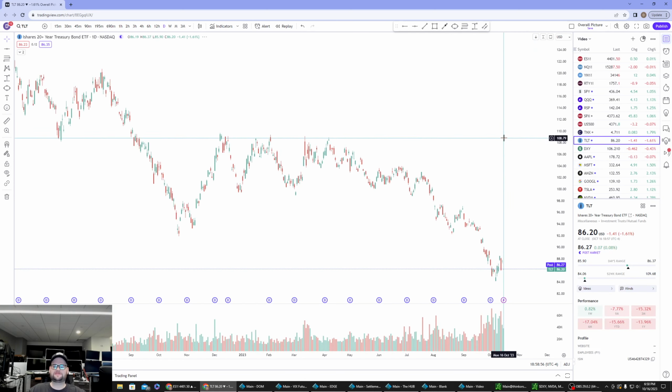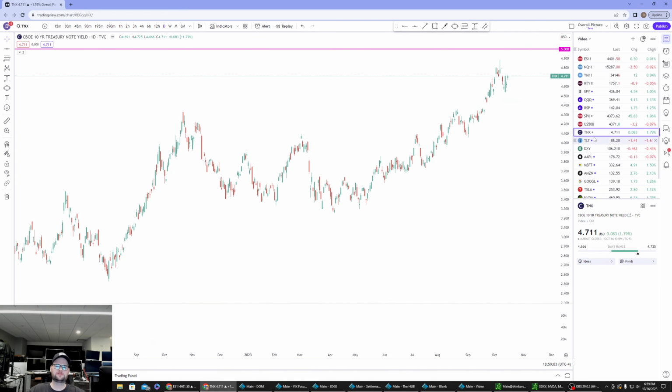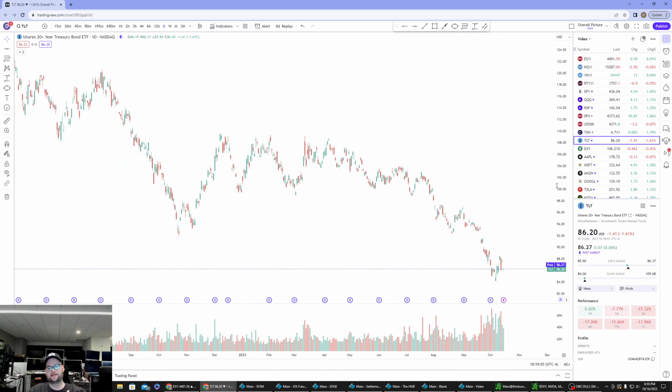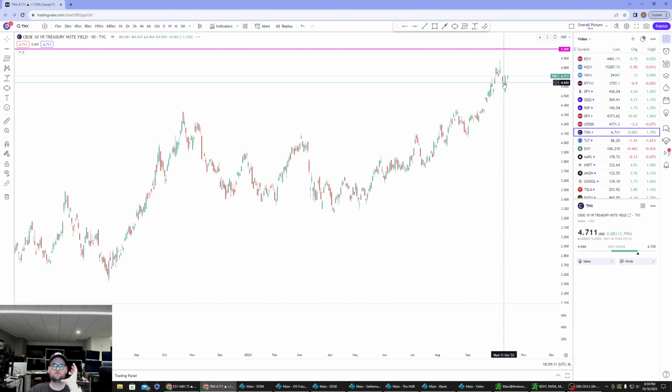Now TLT is the bond ETF. So essentially, the higher TNX goes, the lower bonds will move. The price of bonds. So if TNX does move higher to 5%, let's just say yields do see a spike higher towards 5%, right? It hits the market.